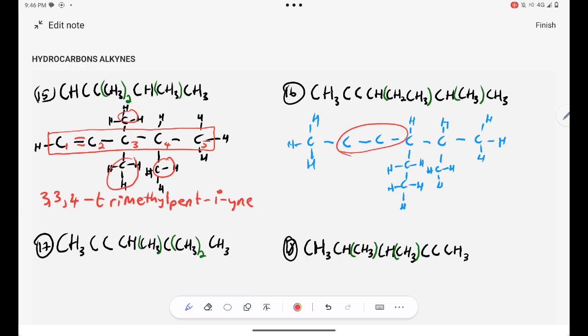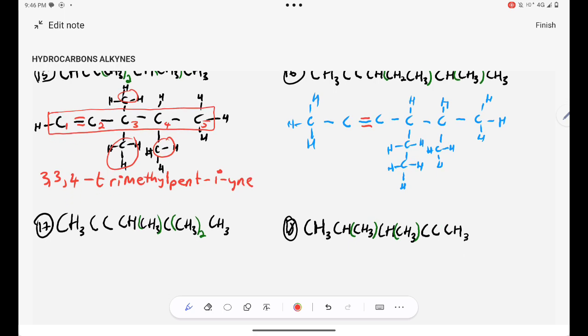Obviously these 2 carbons are not fully bonded, so just go and insert the bonds there. This will be carbon number 1, 2, 3, 4, 5, and 6. At carbon number 4 and carbon number 5, I do have additions, but since I have additions, I need to mention them in alphabetical order.